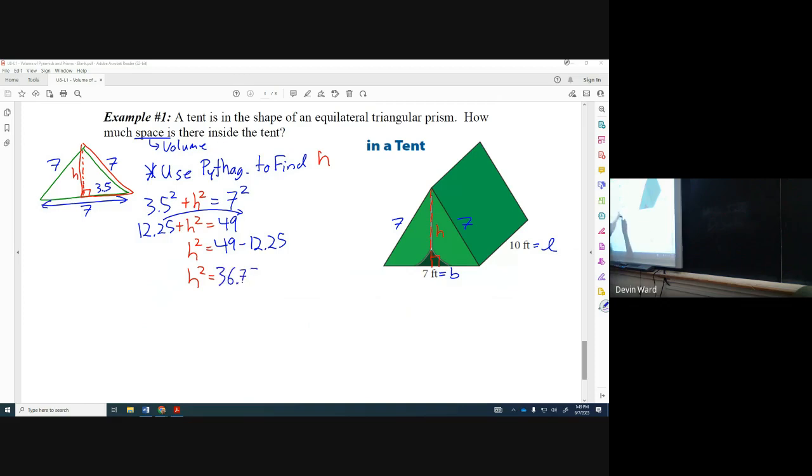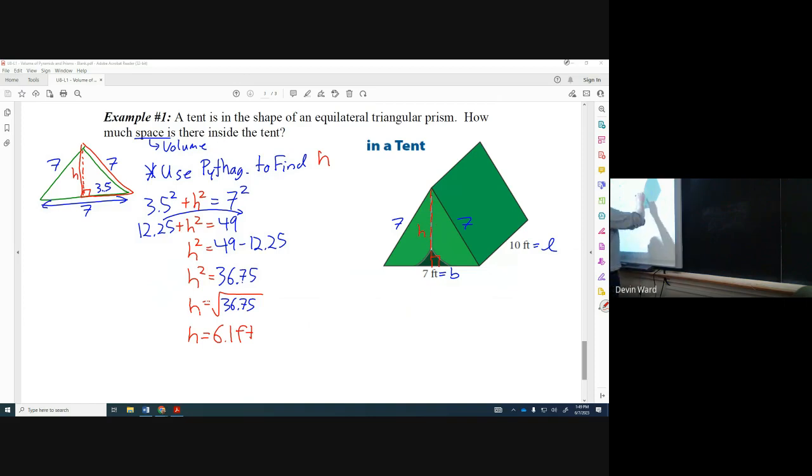Now, how do I get from h squared to h? I take the square root, right? Do the square root of 36.75. So my height will end up being, to one decimal place, 6.1, and my units are feet. So I got 6.1 feet for my height.